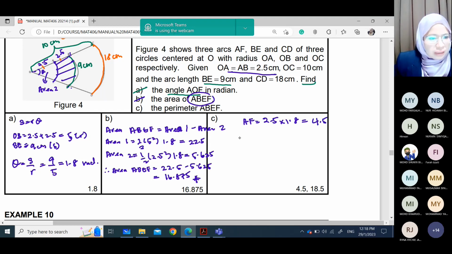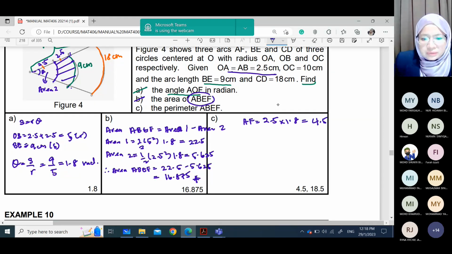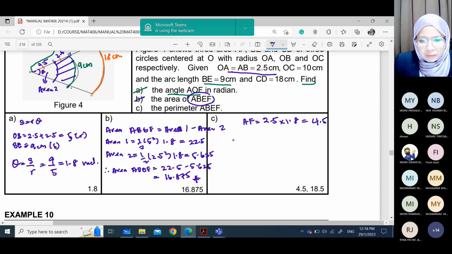Okay, so nak cari perimeter kan? So AF dah dapat, BE dah dapat 9 cm, AB dan juga EF sama dia punya jarak dia. Okay, right, so perimeter dia sama juga dengan 4.5 plus 9 plus 2.5 plus 2.5.